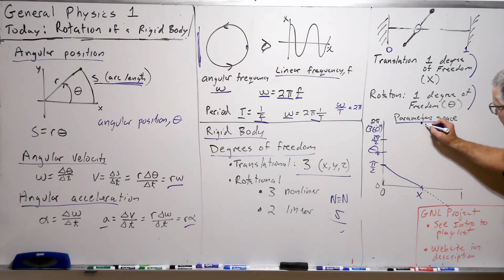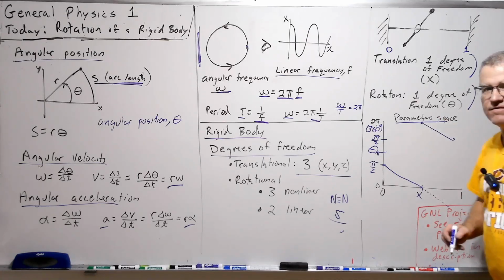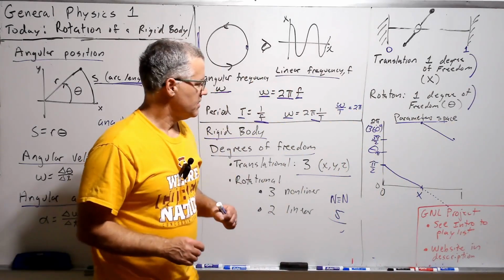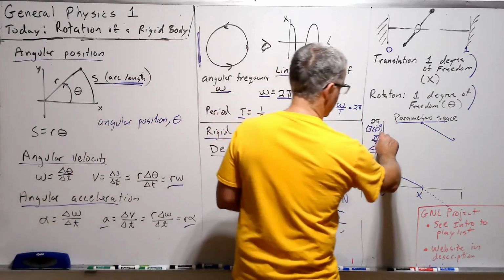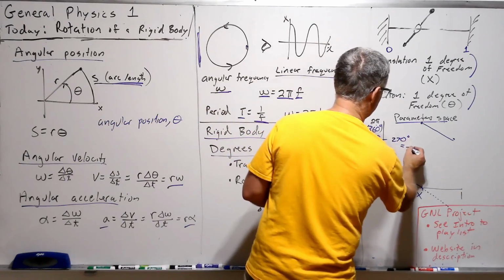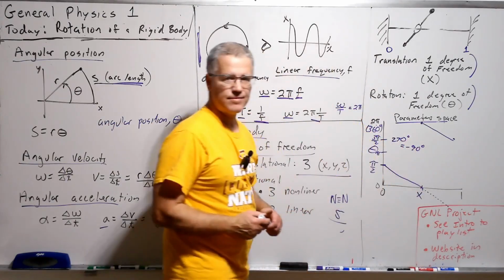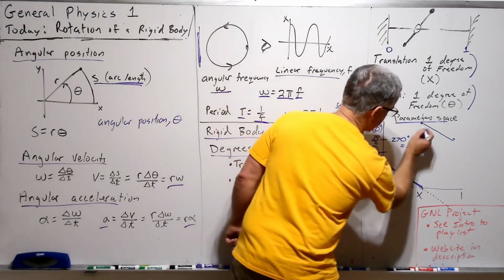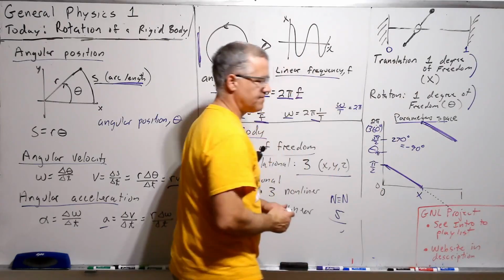I want to end up at negative 90 degrees. It's a little complicated here. So this is 270 degrees, which is equal to minus 90 degrees. So our trajectory, this should have been a straight line. Our trajectory is like this, like that.